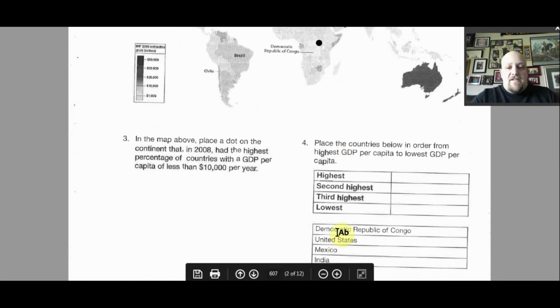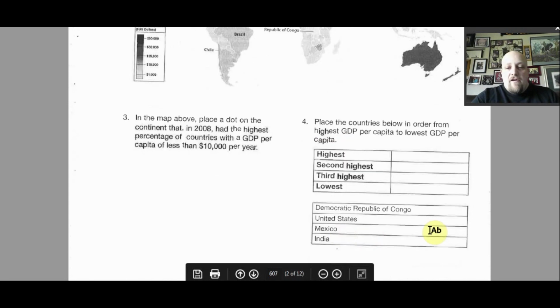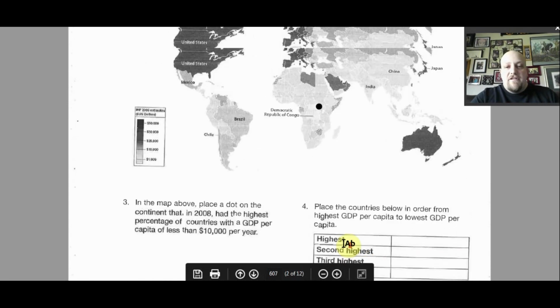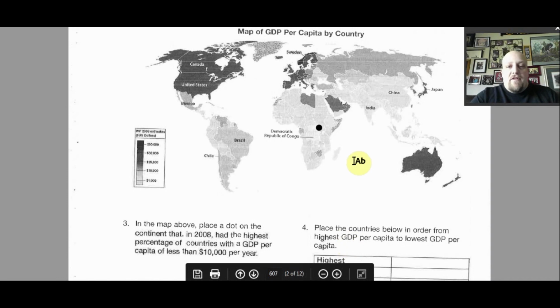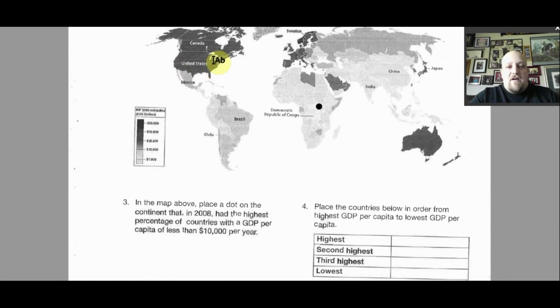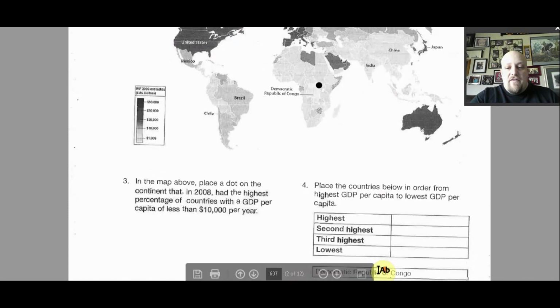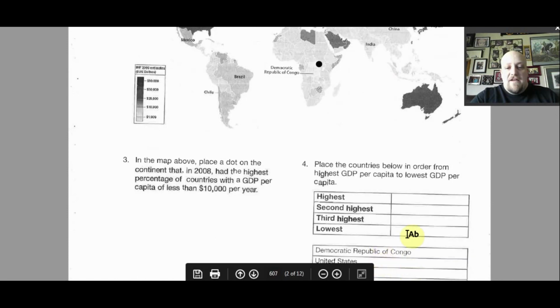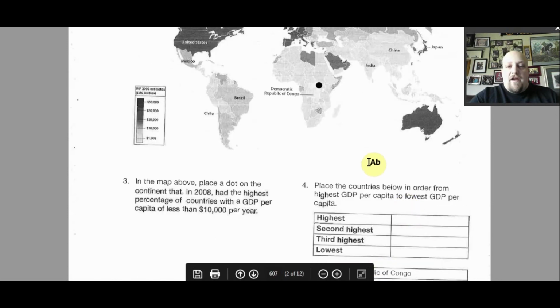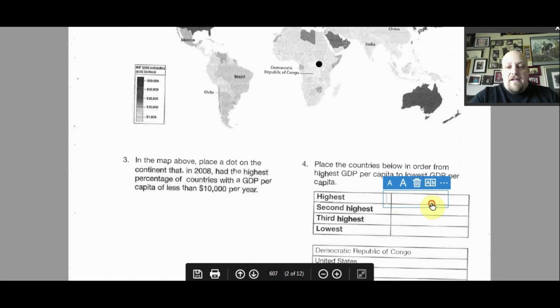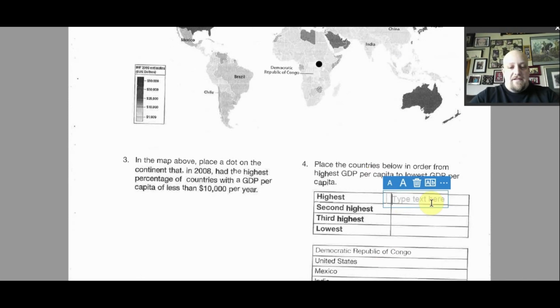We have United States, the DRC, Democratic Republic of Congo, Mexico, and India as the 4 different countries they're looking at. So you go up to this map and you look. United States is obviously the darkest of these 4, so highest is going to be United States.